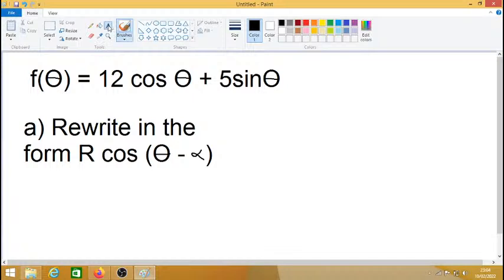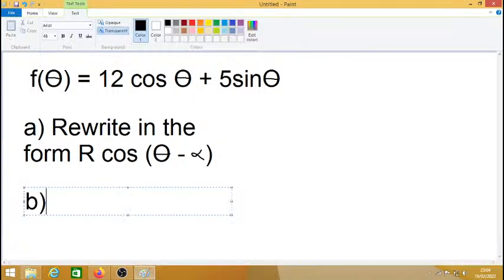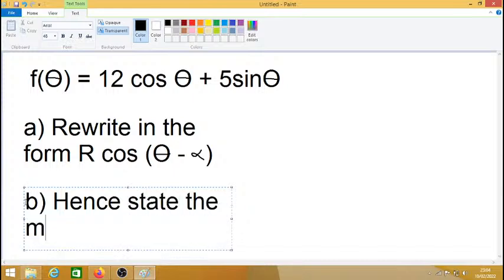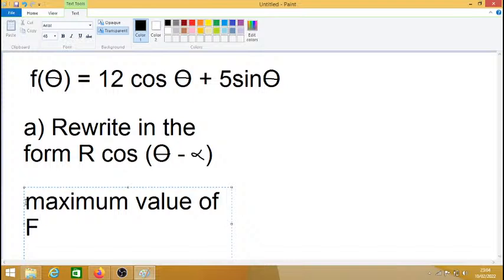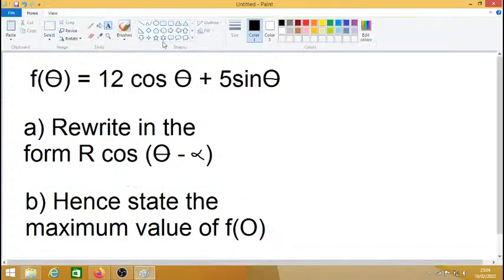But then the second part is, having done that, can you hence state the maximum value of the function f of theta? That's really where you're going to take advantage of the graph you've just seen, knowing that the cosine graph has a maximum of 1.